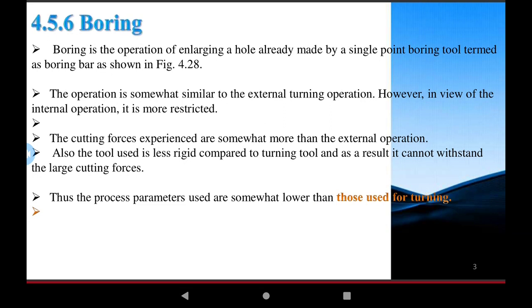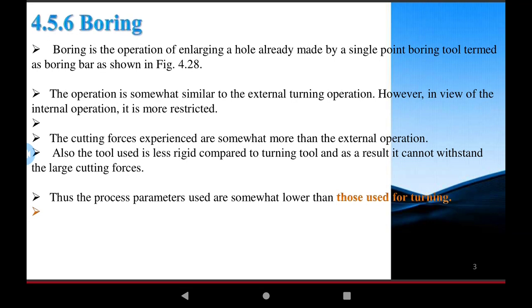The boring operation is also used to enlarge holes already made.